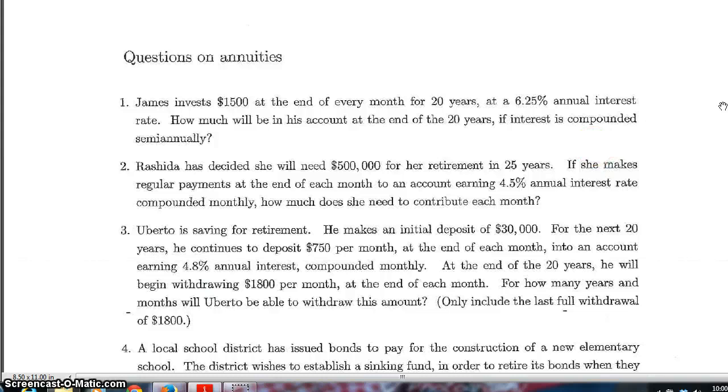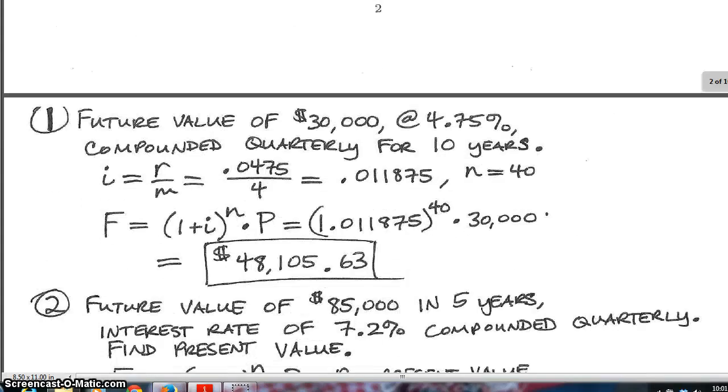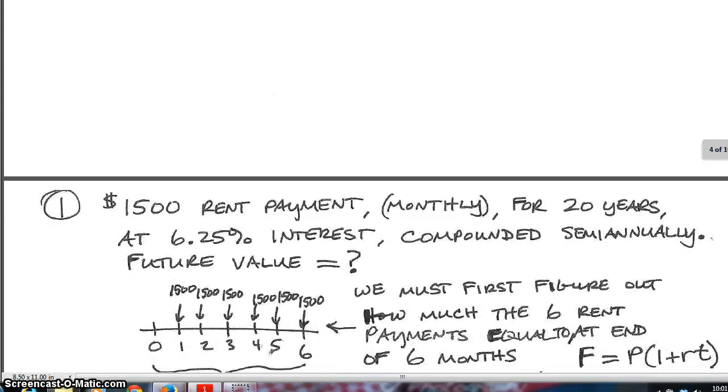So they're investing more frequently than the compounding, and anytime you're investing more frequently or less frequently than the compounding period, it arises some complications. So this is something we have to look at a little bit closer. So let's go to the write-up for this.